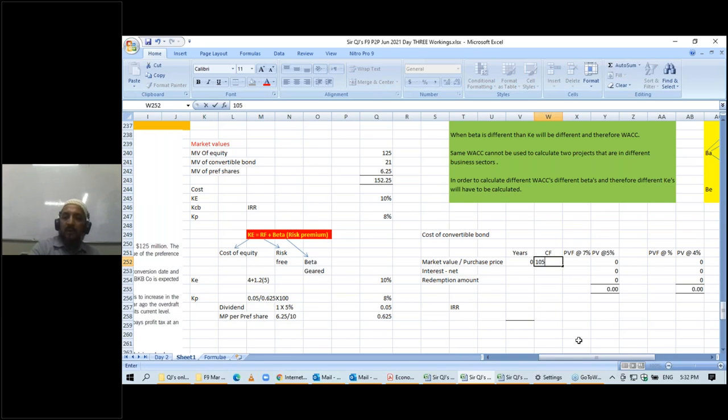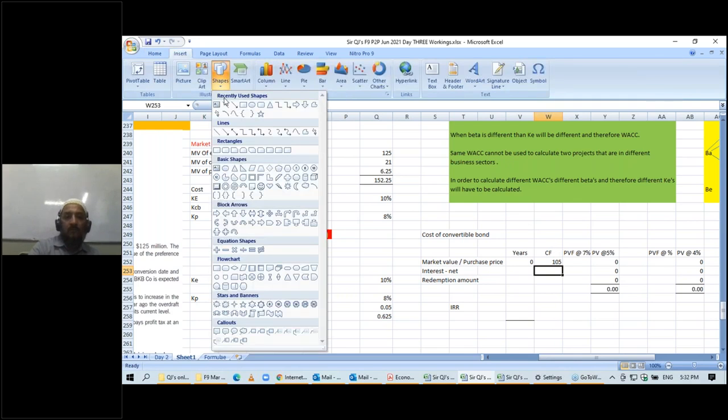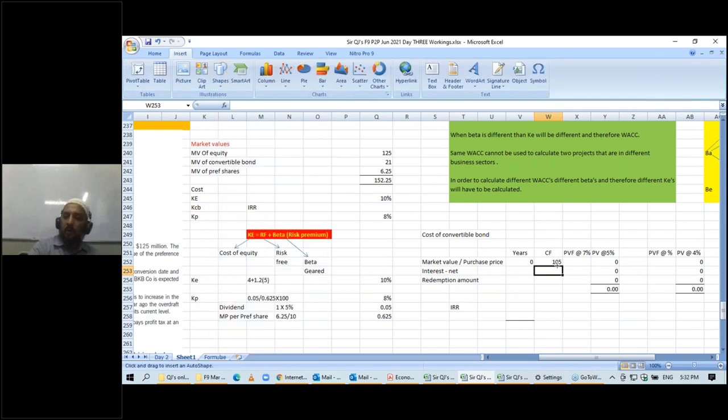105. Now how did I get 105? It is like this. I'm working on one bond basis, right? And they have given you 21 million, which is the market value of all bonds.